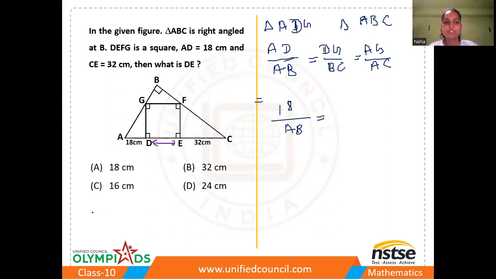So DG I can say is basically equal to DE. Why? Because this is a square, and all the sides of a square are equal. So DG I can write as DE over BC here. This is your equation number 1. Alright, this thing is clear.